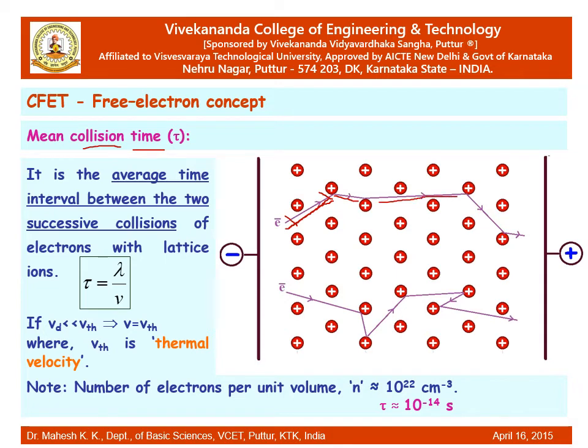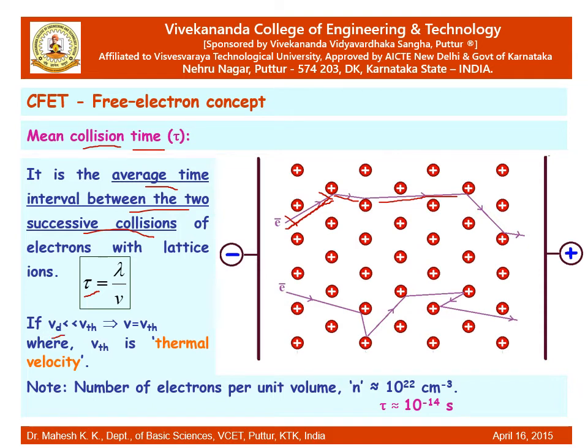Statistically, the mean of all those times we call the mean collision time. By definition, it is the average time interval between two successive collisions of electrons with lattice ions. Mathematically you can write it as tau, the mean collision time, equal to lambda by v, where v refers to the thermal velocity and vd refers to the drift velocity, which we'll see later.